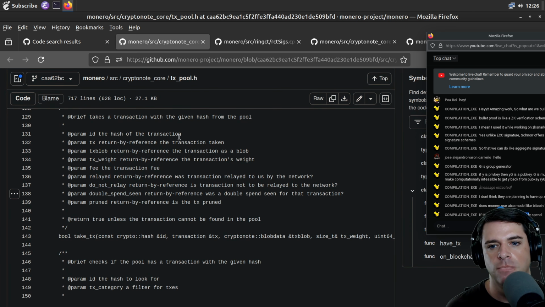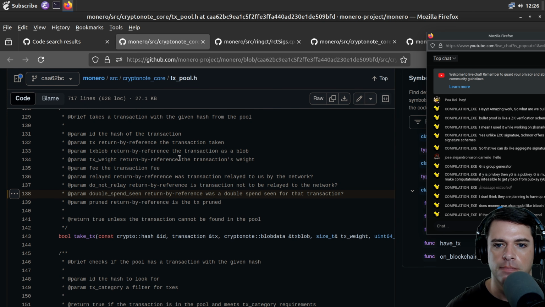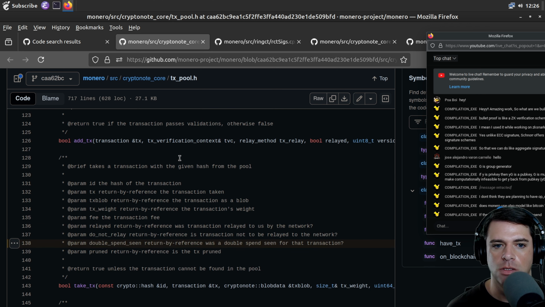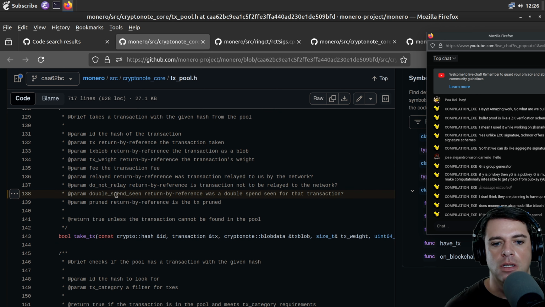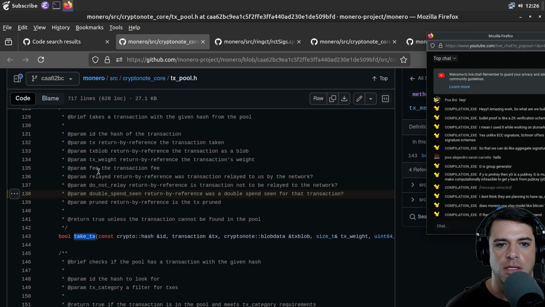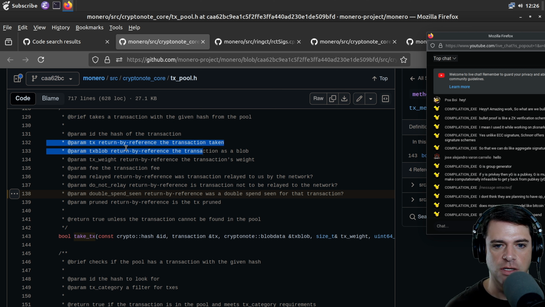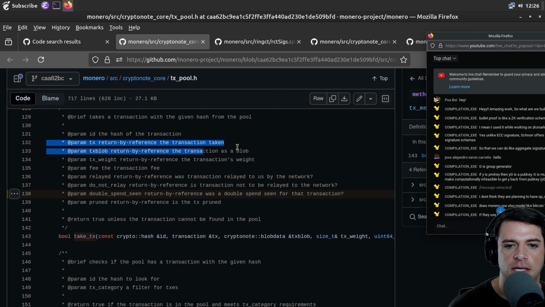Cool. What else can we find? This is take tx, and we have a comment. It takes a transaction with the given hash from the pool. You give it the hash of the transaction, a return by reference. Okay, so this is some output parameter. The second one is going to return by reference the transaction taken.